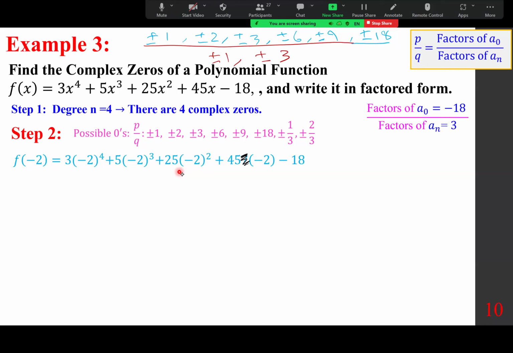And you can verify that they add up to 0.